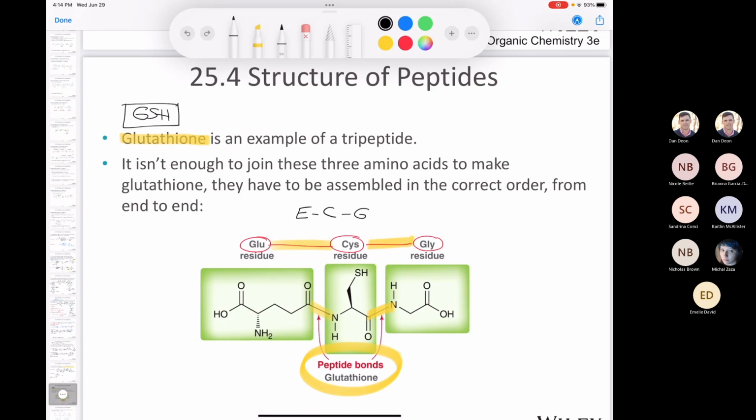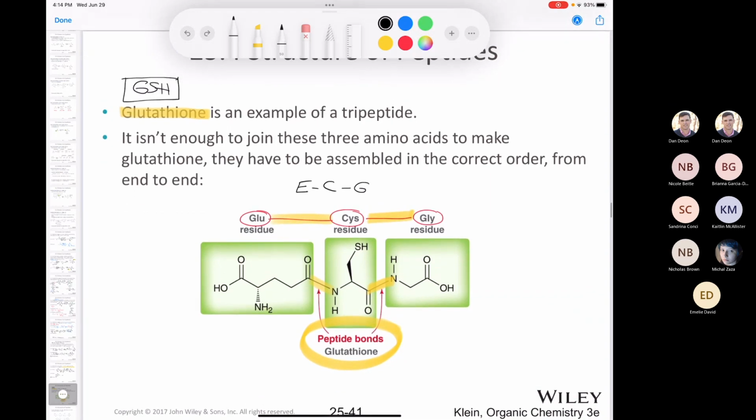Now, what I want to point out is that it isn't enough to just join these 3 amino acids, glutamic acid, cysteine, and glycine. They have to be joined in the correct order in order to make GSH, in order to make glutathione. For example, let's say we had the cysteine, and then we had the glycine, and then we had the glutamic acid. That is not GSH. It isn't. It's something else. It's a constitutional isomer of it, but it is not it.